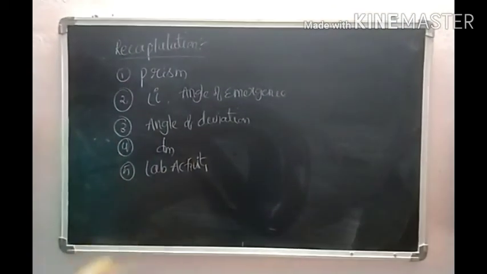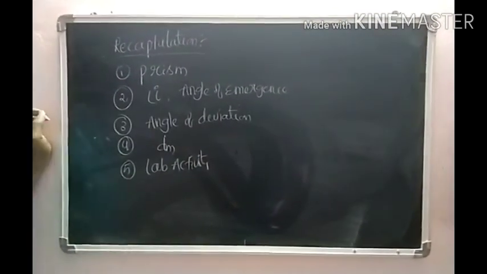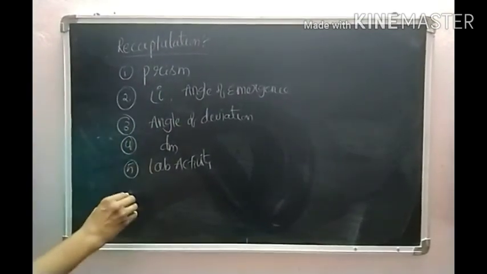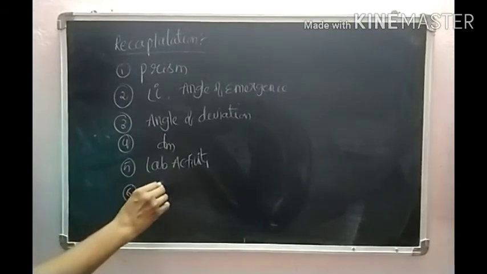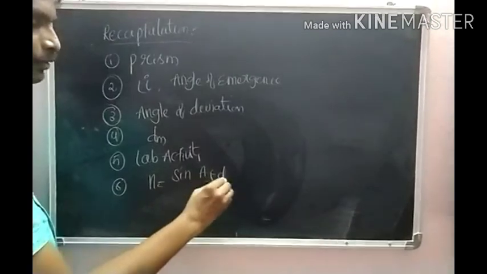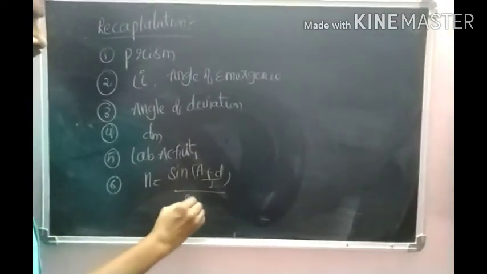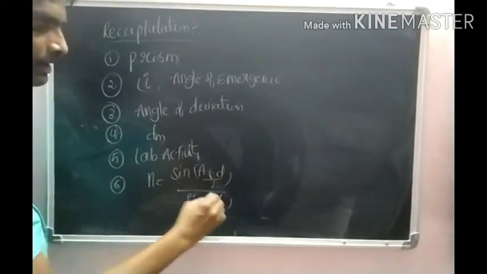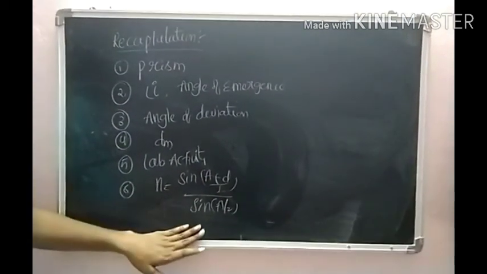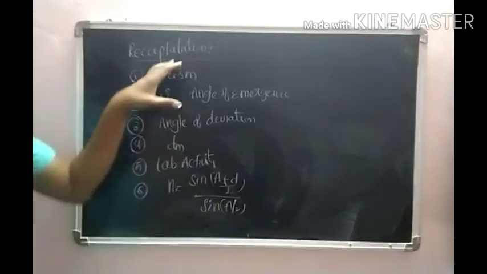What a prism is and how to make it we already discussed. And the derivation of the refractive index of the prism, how to derive the equation sin((A plus D) by 2) by sin(A by 2). So all these we discussed today.